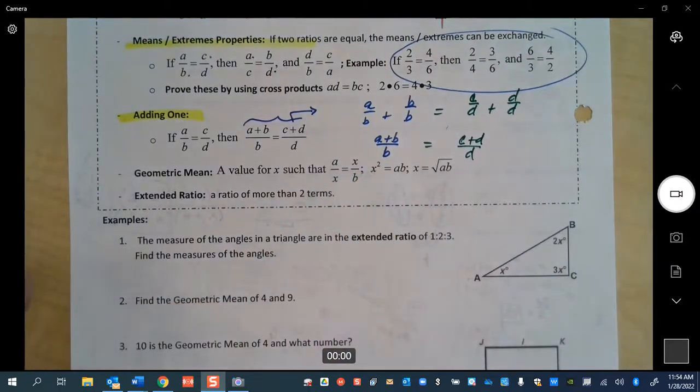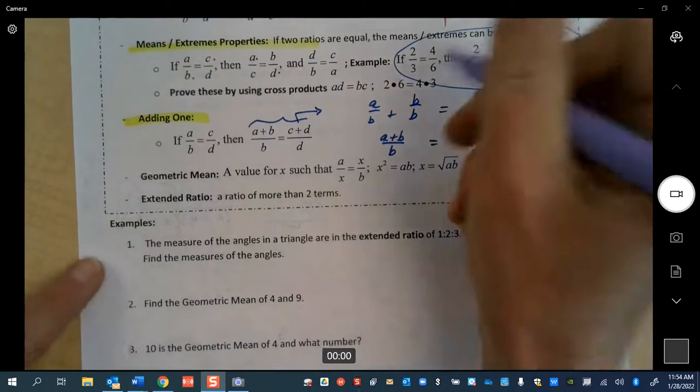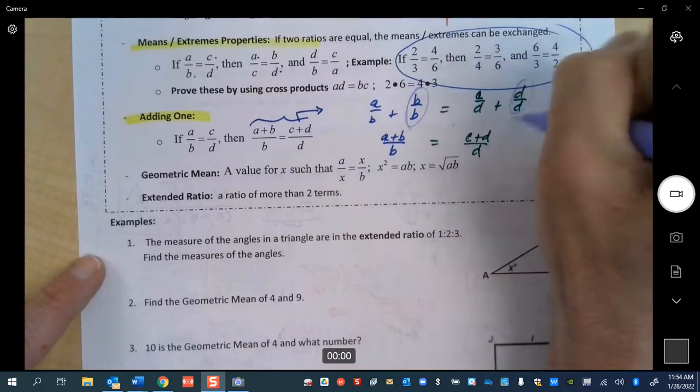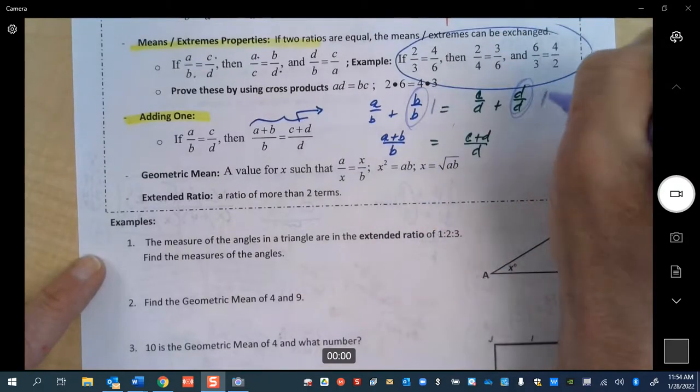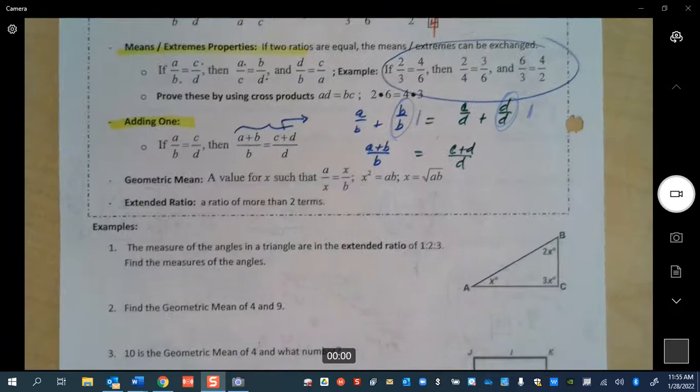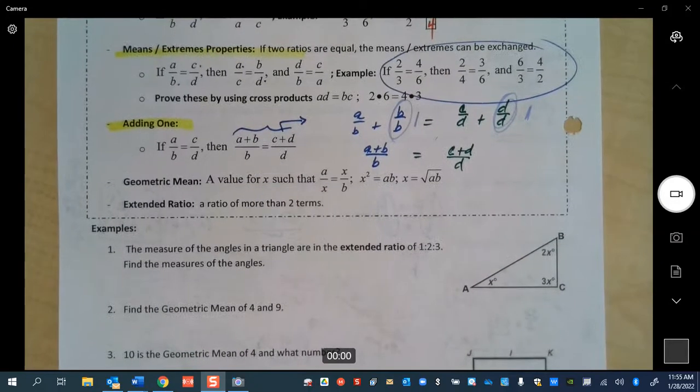This property, what we care about is this value here is a value of 1. So my addition property of equality says you're allowed to add 1 to both sides of an equation without upsetting the balance. So if this is a true story, then so is this, because I've added 1 to each side.